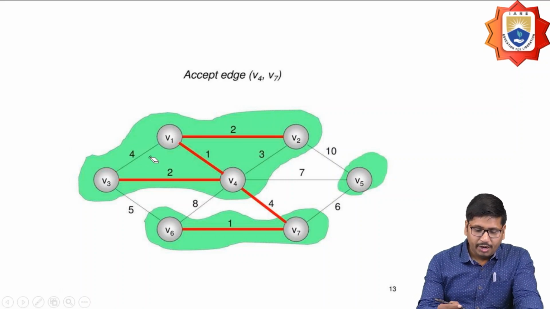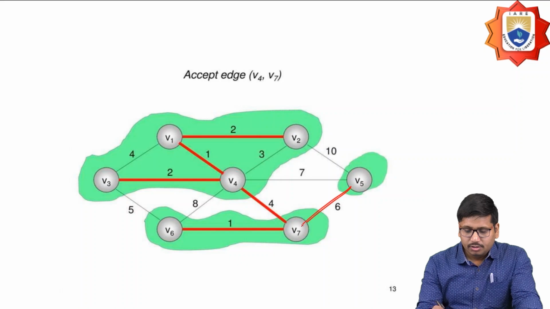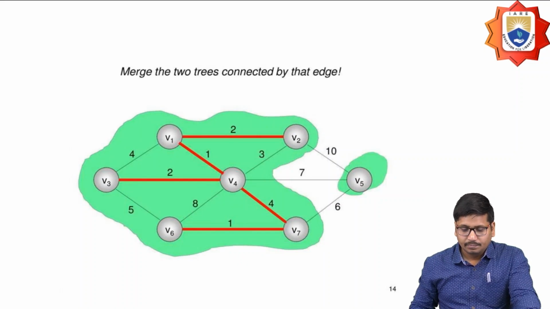And next minimum is 5. 5 is also not possible, since it would form a cycle, so it should not be selected. Next minimum is 6, which does not form a cycle, so I'm going to consider this.